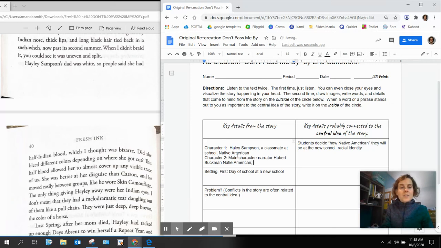And it's interesting here. They're telling us who is passing for white. They talk a lot about how dark their skin is as Native Americans. Okay, so they've told us that Haley is half white.